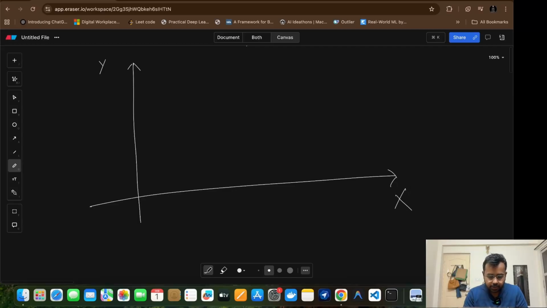The actual data would look something like this. Right? This is not a perfect line.